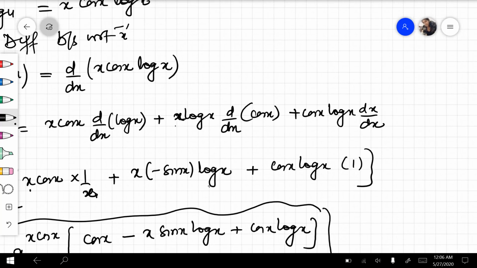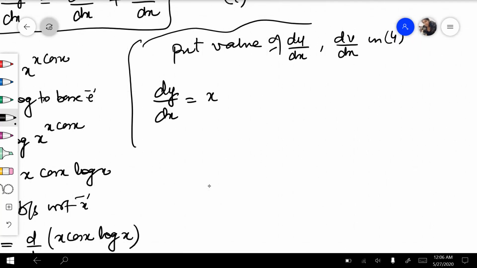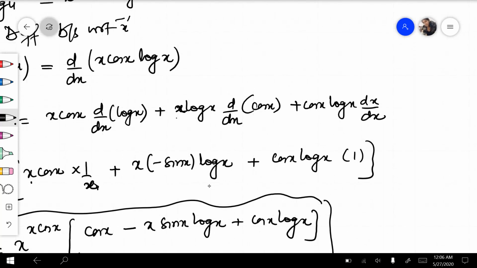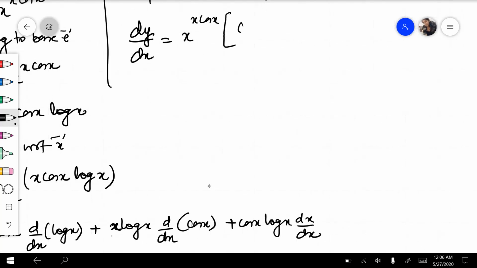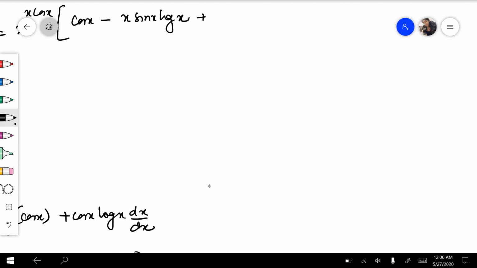X raised to power cos of x raised to power x cos of x into cos of x minus x sin x into log of x plus cos x into log of x. This is du upon dx plus dv upon dx.